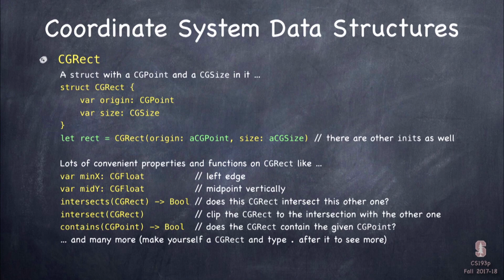It also has contains CG point, which will tell you whether that point is inside this rect. So there's probably 2 or 3 dozen methods, so definitely check out the documentation of CG rect because it'll make your code a lot cleaner. And actually, you're going to see in the demo that I do on Wednesday, I even extend CG rect to add 5 or 6 more little convenience functions because CG rect turns out to be so important in all the code that you write when you're doing drawing.